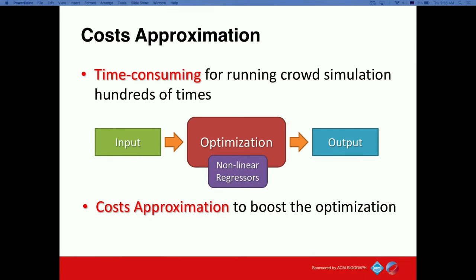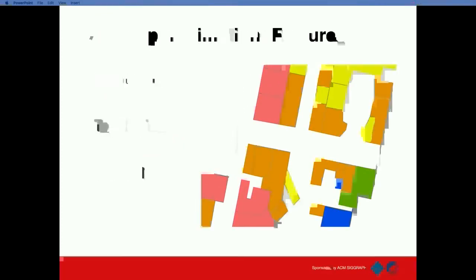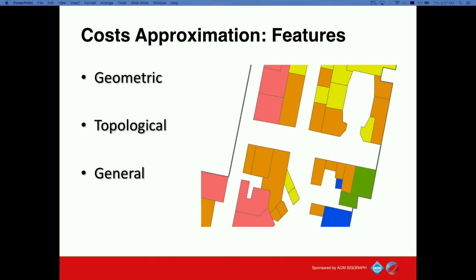This makes the computation of costs scalable and independent of the number of agents. The features we use for training regressors may be classified into three categories. For geometry features, they focus on shape, like width of path, length of path, area of site, or area of the whole layout.